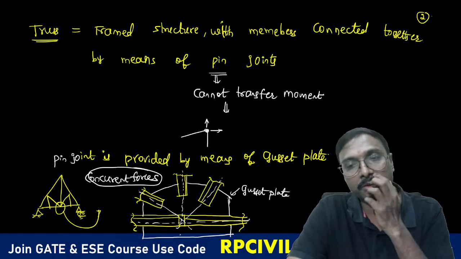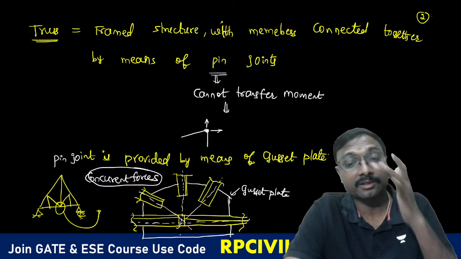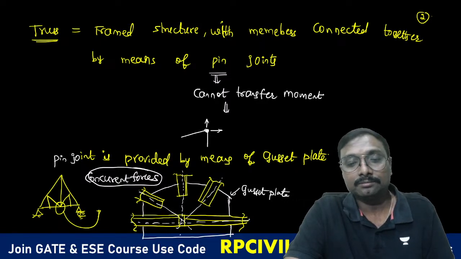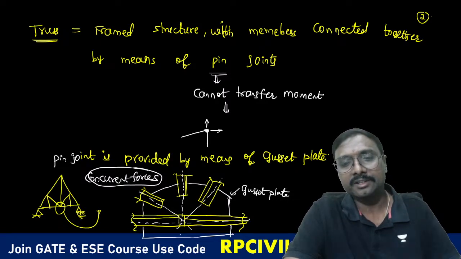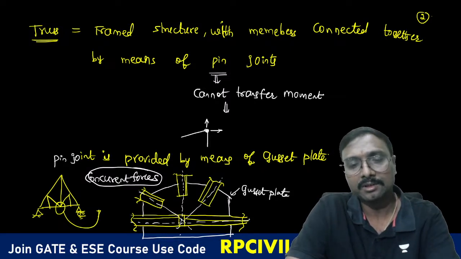Once noted, I'll move on to the assumptions, and then we'll enter into the methods. Before entering the methods, we'll see the zero force members. How to identify these zero force members? We'll see.